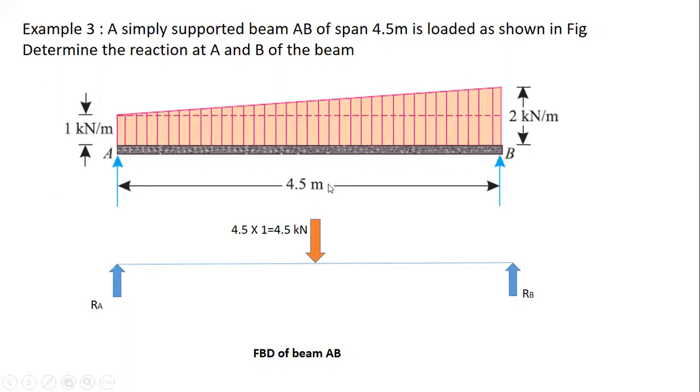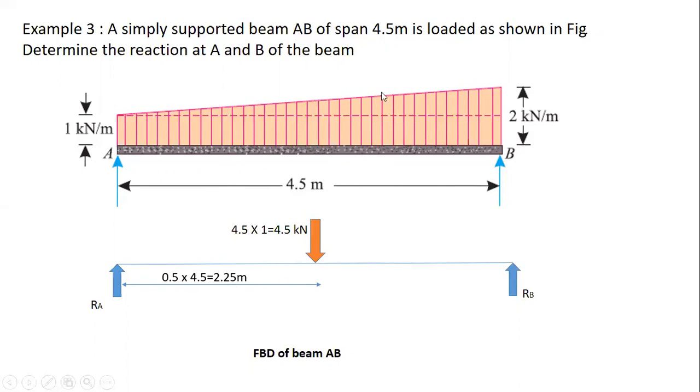So half of the total length, which is 4.5 meter, 0.5 into 4.5 is 2.25 meter. So it will be acting at a distance of 2.25 meter from the support A as well as from the support B. So it will act at exactly midpoint.